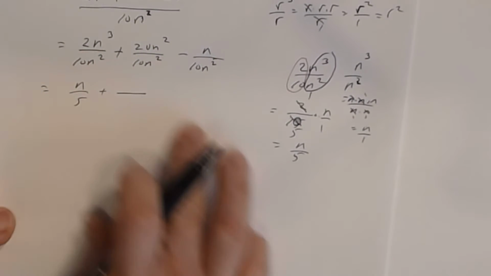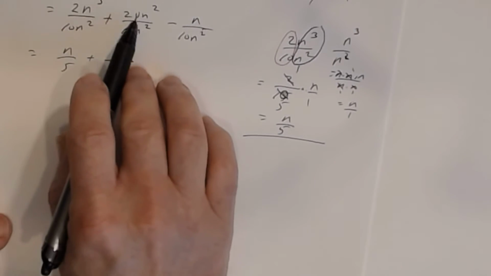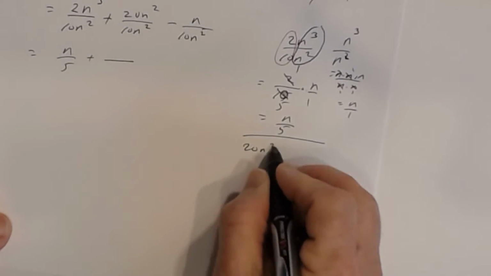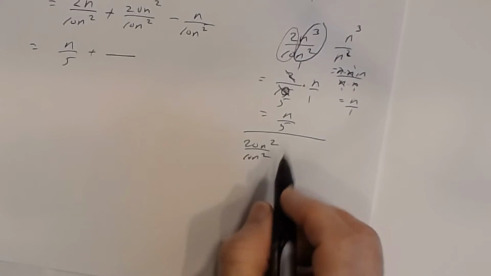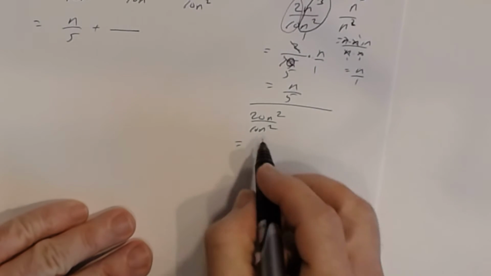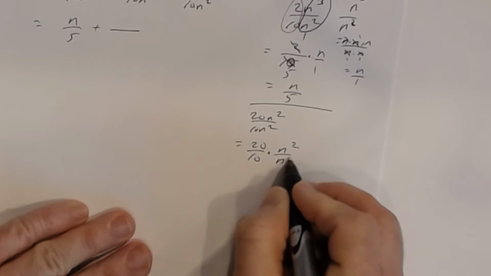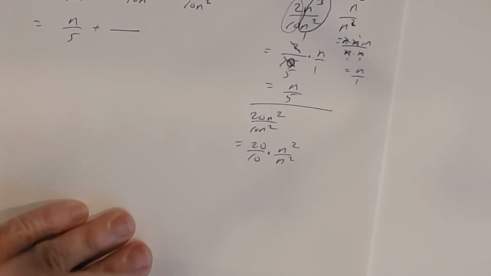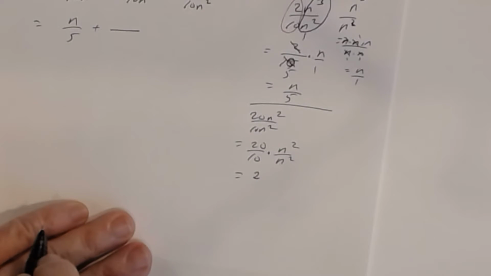So if you need to go off to the side and work it out, then do that. So I'm going to rewrite this right here. So that's 20n squared divided by 10n squared. Okay? So let's break it down like this. So you know that this I can write as 20 divided by 10 times n squared divided by n squared. Okay? Well, you know that 20 divided by 10 is 2, right?